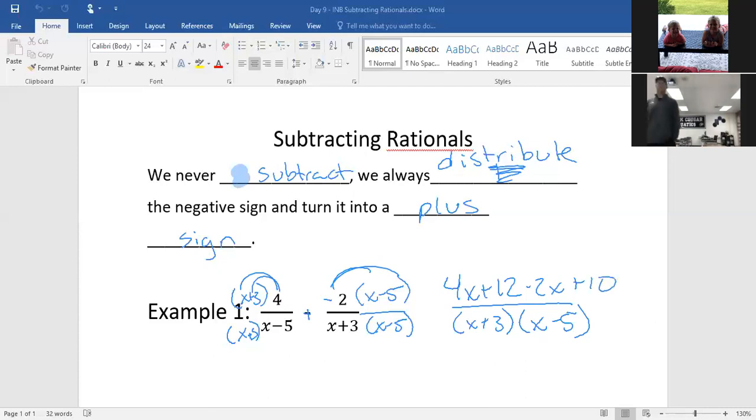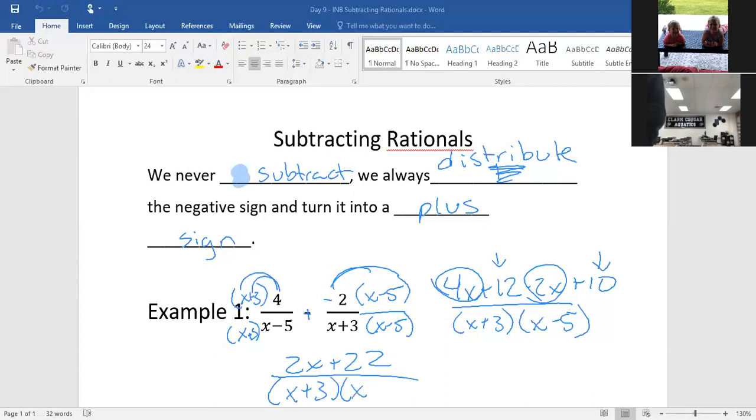Now all there is left to do is combine my like terms in the numerator. 4x and negative 2x gives me 2x. 12 and 10 gives me 22, over x plus 3 times x minus 5.